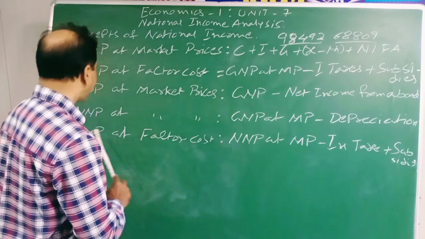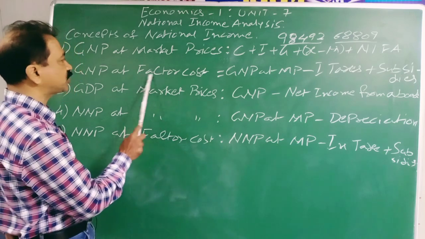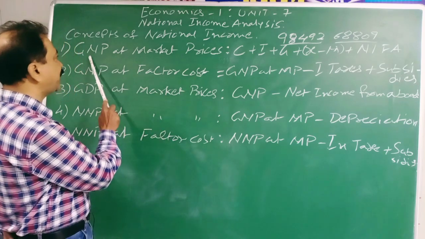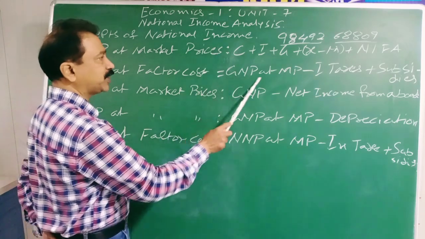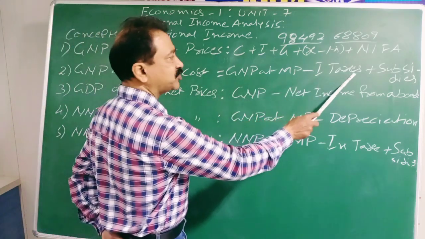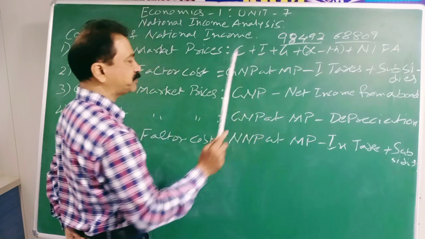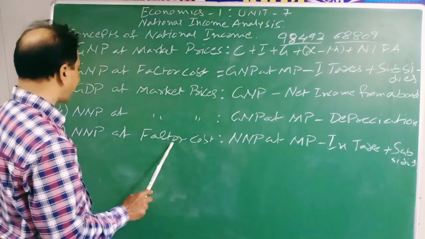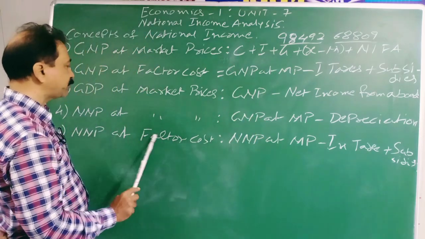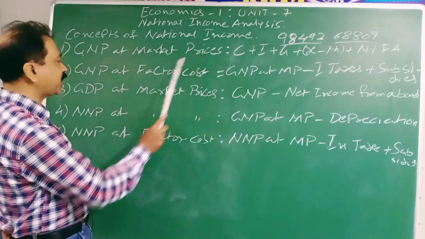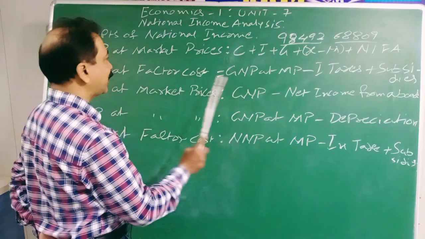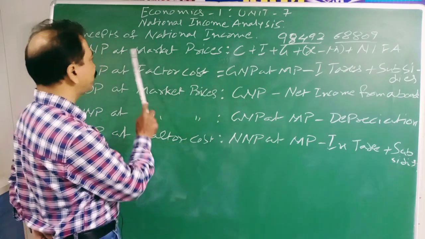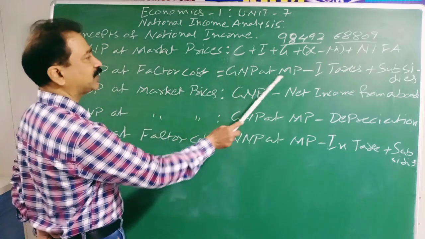Now let me complete NNP at factor cost. What did we do? We took the GNP at market prices and we removed indirect taxes and we added the subsidies. In the same way here, for net national product at factor cost, we take NNP at market price. Like to know the GNP at factor cost, we took the GNP at market price.